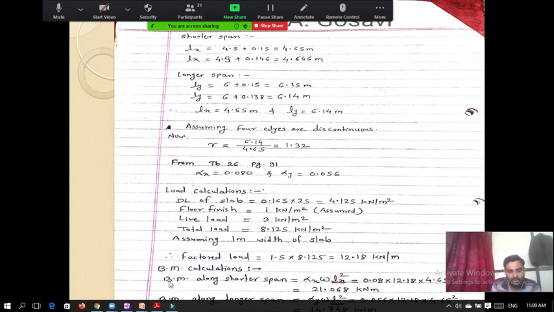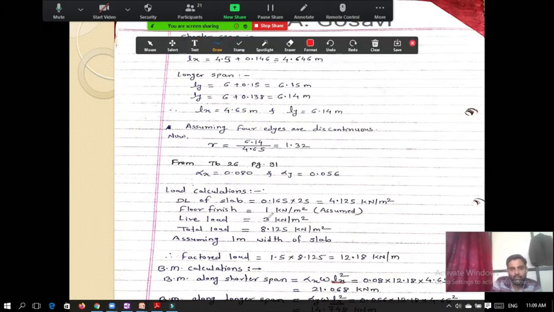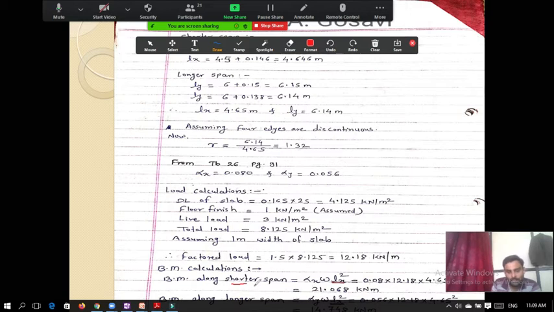The bending moment along the shorter span is Mx. This is nothing but Mx, the bending moment along the shorter span.